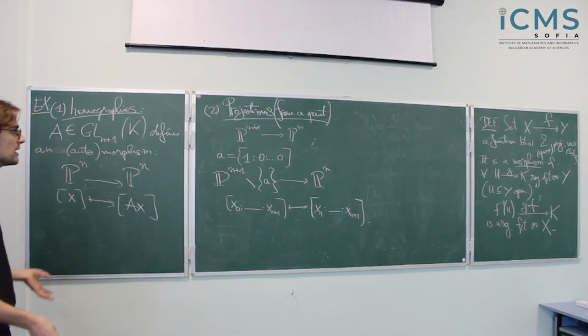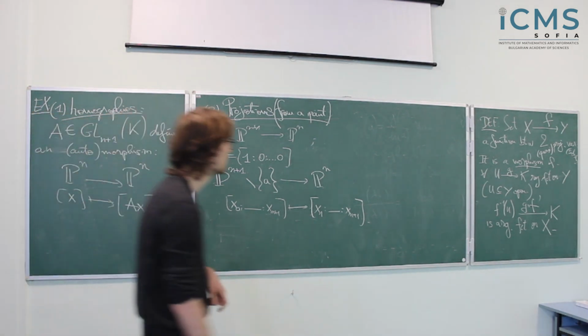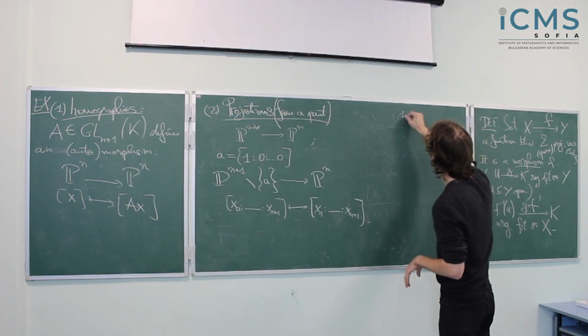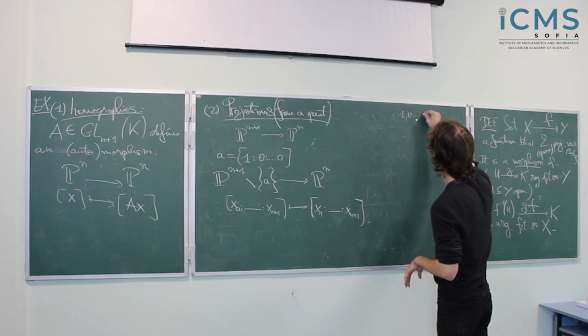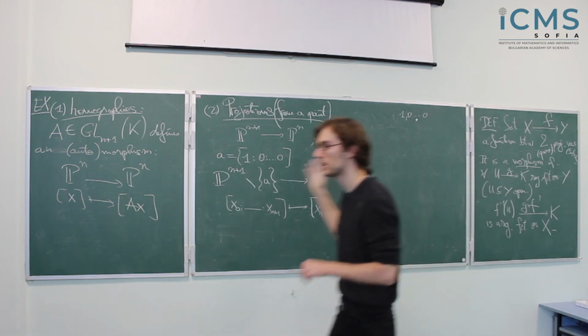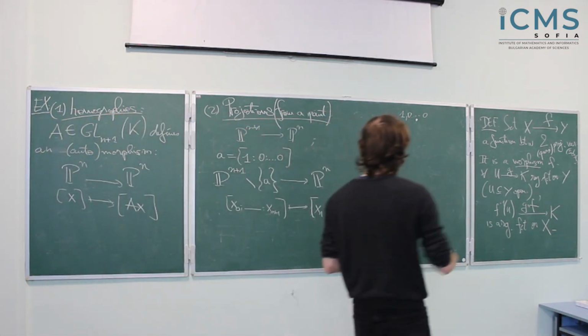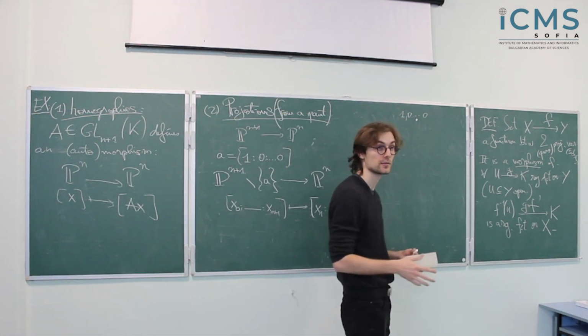And this actually admits a very nice picture. So let's suppose that our point is here. Well, actually it should just be here. And in fact, if you remember the affine charts, this is actually the origin of the affine chart, x0 is equal to 1.